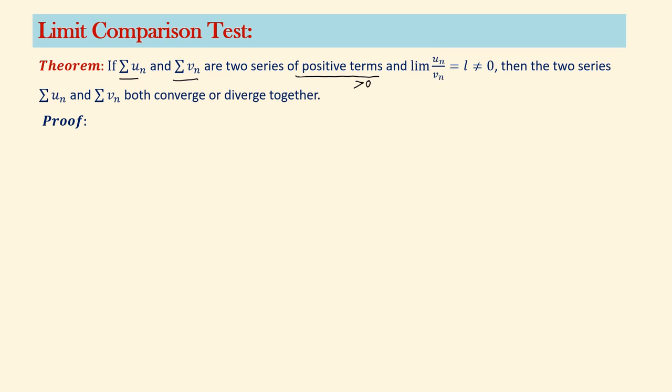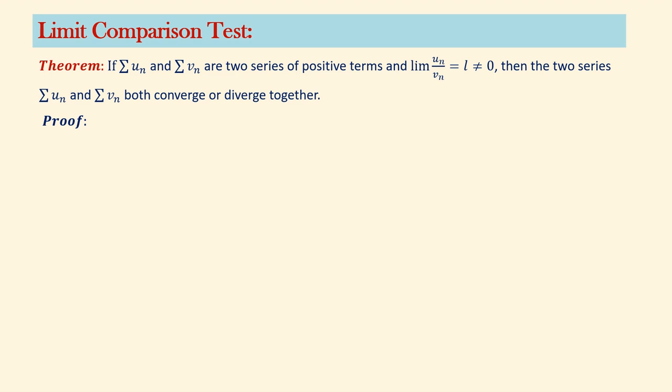So if both are positive terms series and limit of un by vn is equal to L, it should be not equal to 0, then the two series summation un and summation vn both converge or diverge together, means both behave alike. If one is convergent, the other is convergent. If one is divergent, the other is divergent.